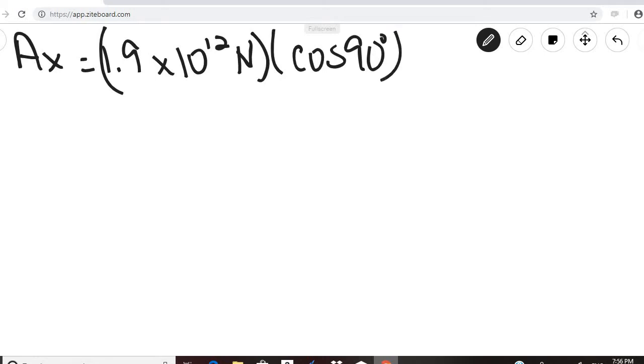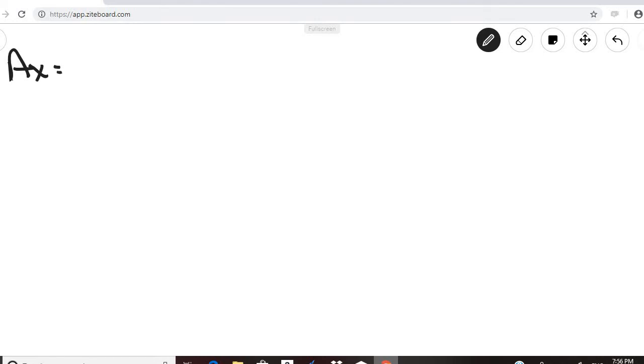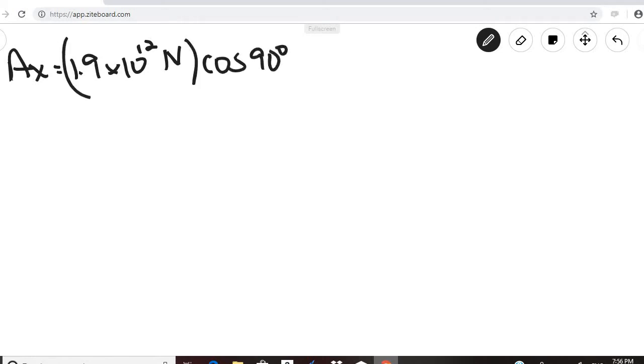A to the y will be equal to 1.9 times 10 to the 12th newtons times the sine of 90 degrees.